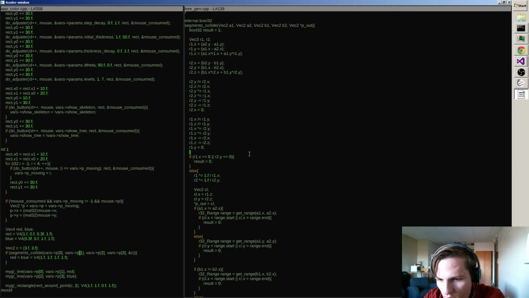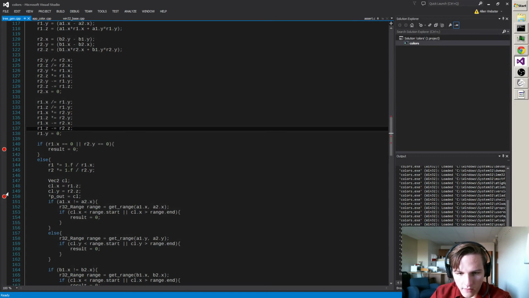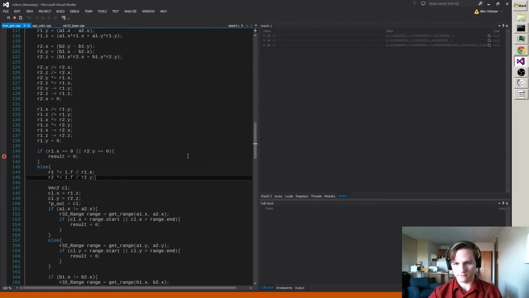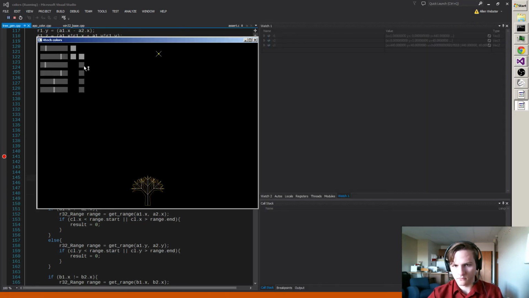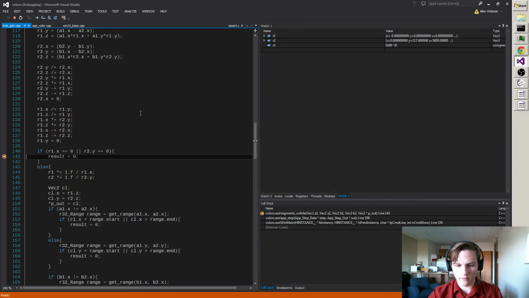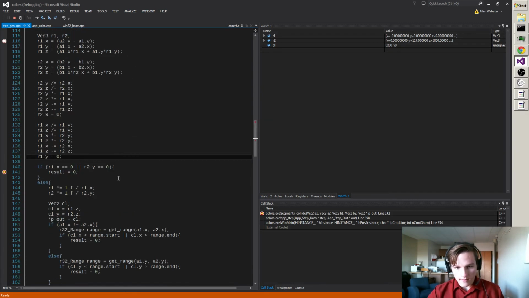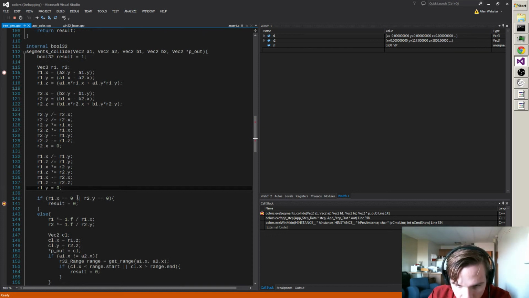So, I really need to figure out why that is an issue. As in, why do I get r1.x equals 0 or r2.y equals 0 when I clearly shouldn't get that sometimes? So, I've got a breakpoint there still. There it is. Okay. So now we can see one of these guys equals 0.